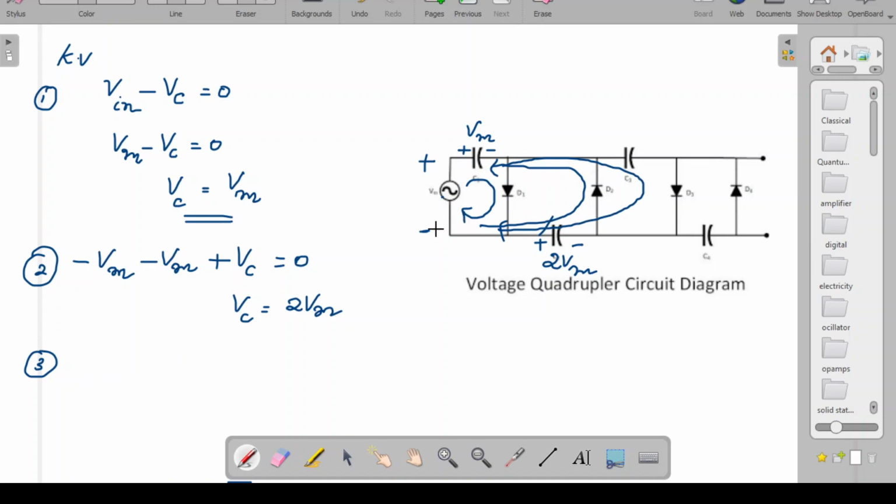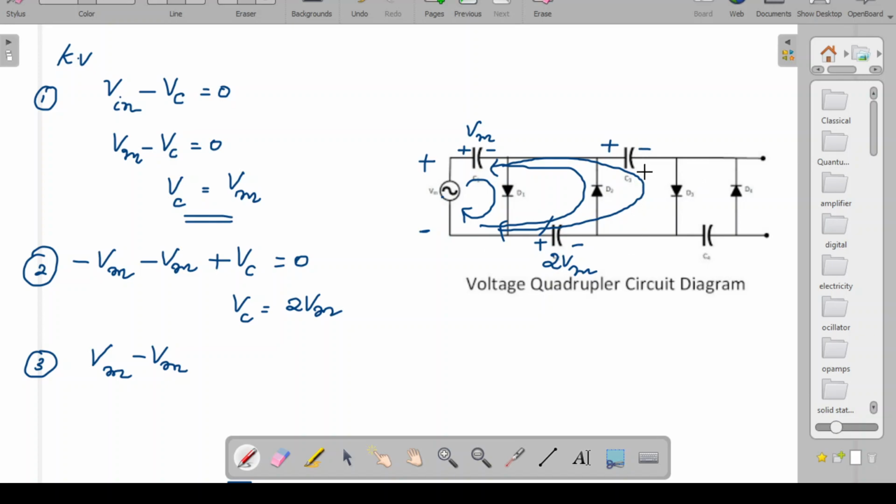Conventionally, negative positive is written as plus Vm. Then positive negative, the voltage across this capacitor, as minus Vm. Now coming to this voltage, we don't know. So what is the polarity of that particular capacitor? I can write this as negative, and this becomes positive. This positive is connected to this, so this becomes positive, and this side is negative.